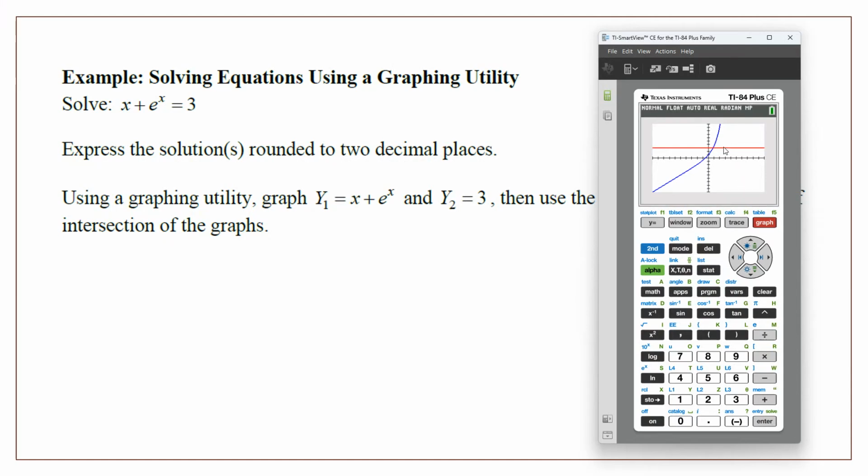And I see here that I have one intersection point. So I have a potential one solution. So we are now going to find the intersection. So we'll go second trace, and we want the intersect. So that's number 5.